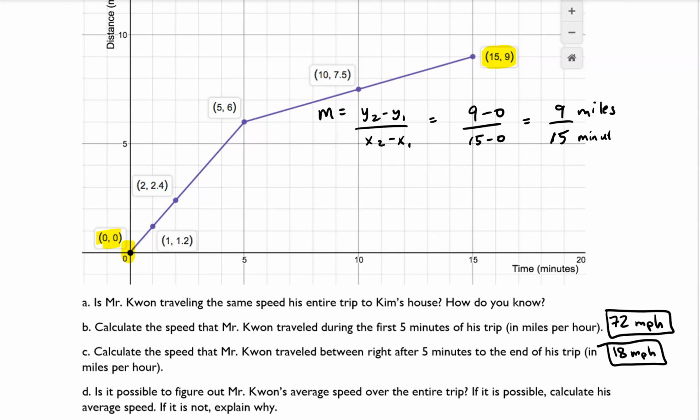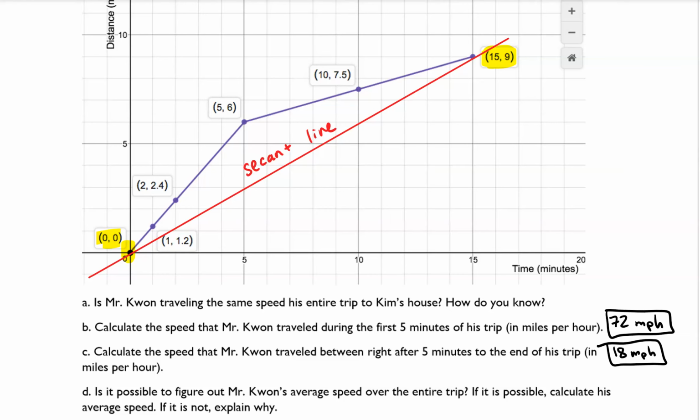And basically I am calculating the slope of that secant line, connecting the two ordered pairs that we are concerning ourselves with. And like I said, we're calculating the slope of that secant line, and that will give us the average speed. So average speed is equal to the slope of the secant line.